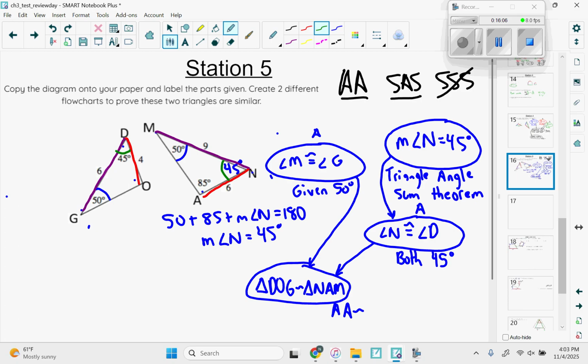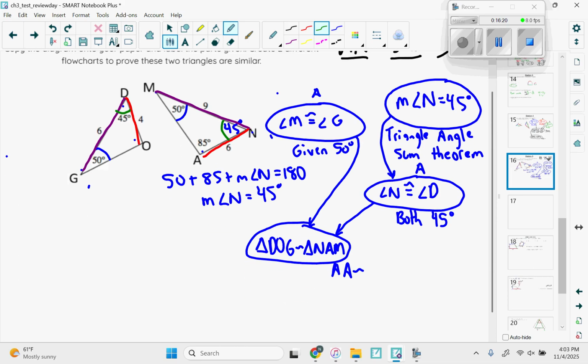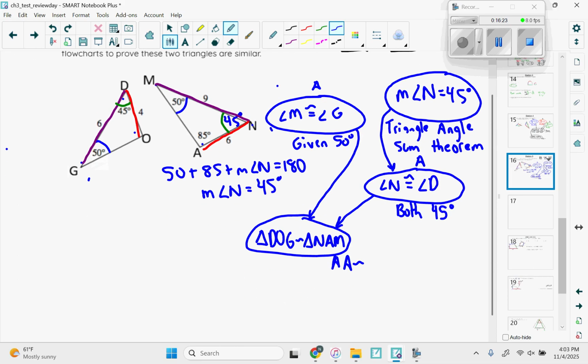All right, and because I'm going to use angle N again in my flowchart, I am going to copy down what I did for angle N in the angle flowchart. So it's going to look like this. I'm going to do the same thing. Measure of angle N was 45 degrees.